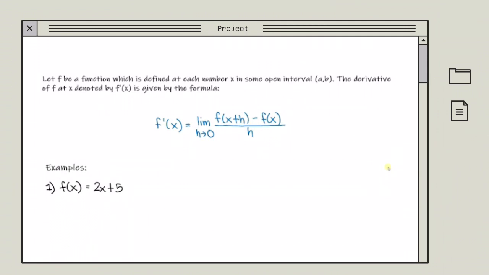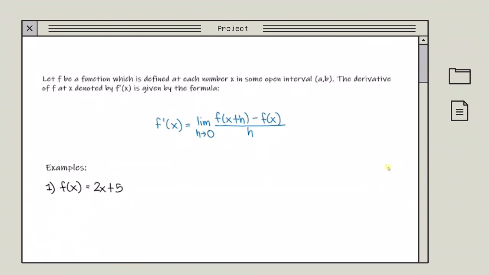The derivative of f at x, denoted by f prime of x, is given by the formula: f prime of x is equal to the limit of our function f of x plus h minus yung given function natin na f of x, all over h, as h approaches 0. Etong f of x madali lang makuha yung value kasi ito yung given natin.